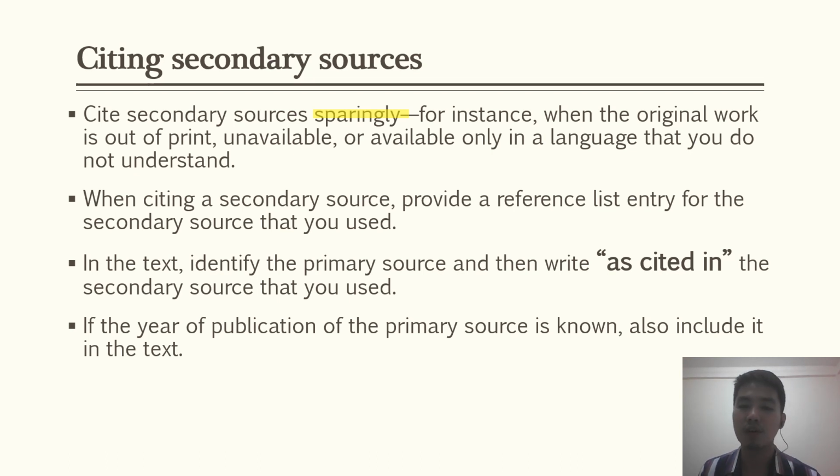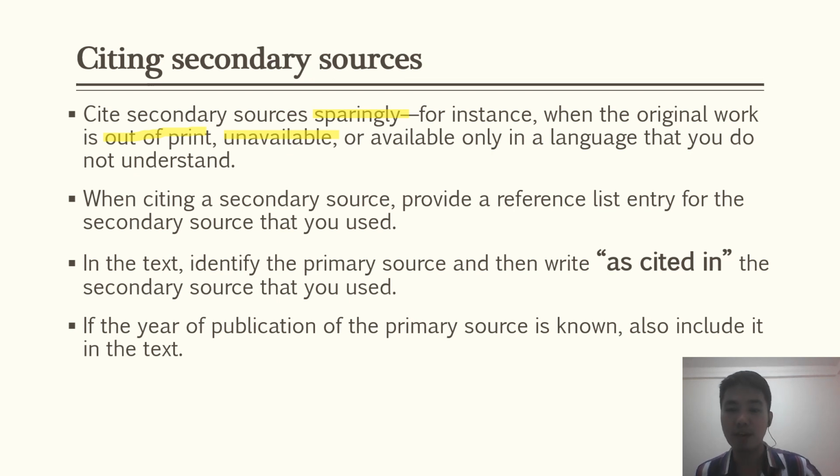However, if the original work is out of print already, hindi mo na mahanap, nasunog na, unavailable, okay? Or the availability is only in a language that you do not understand. Kasi may mga articles na hindi nakasulat sa English, nakasulat sa kanilang mga respective language.